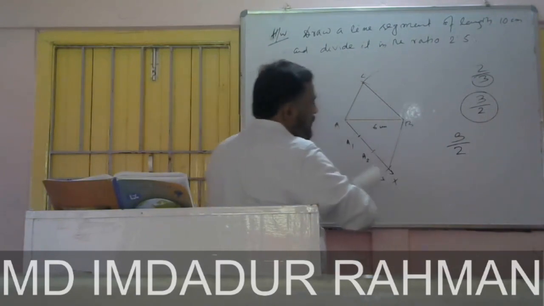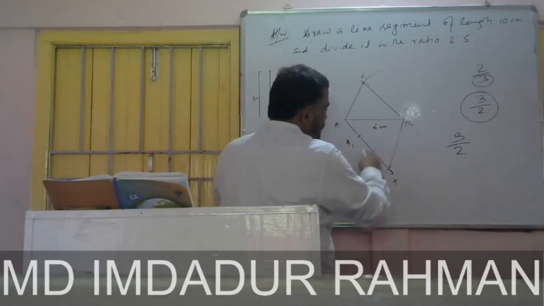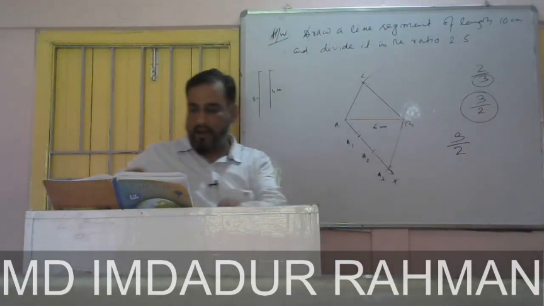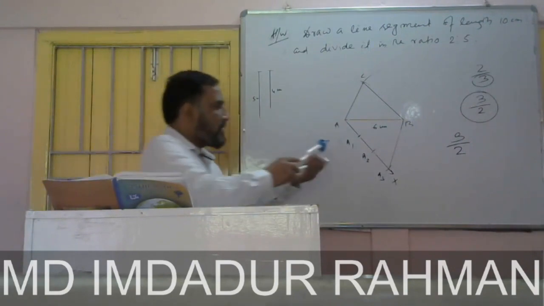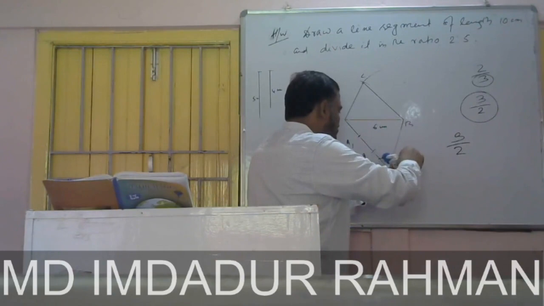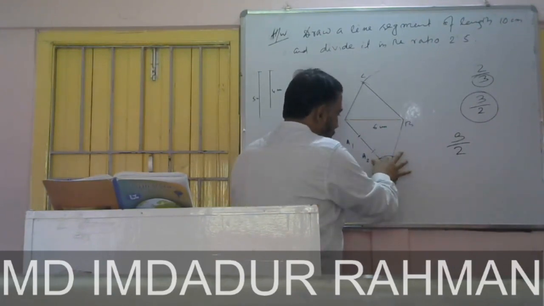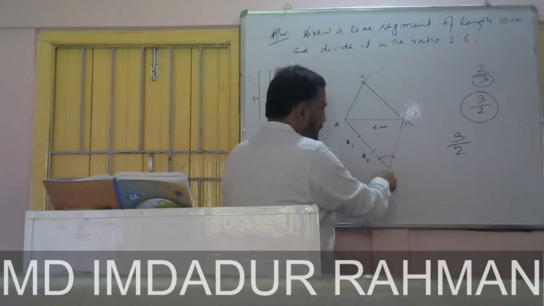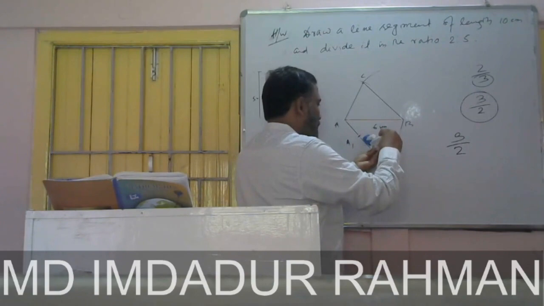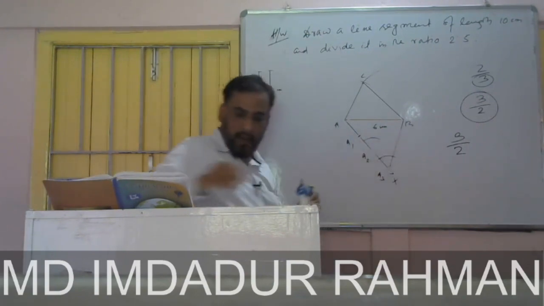Now from A2 we will draw a line parallel to A3B. Like earlier, just taking the measure of this angle from A3 and putting it here at A2.